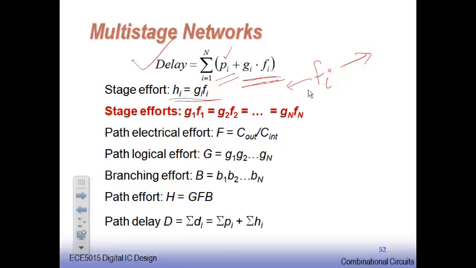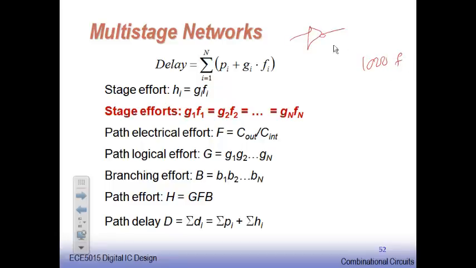Like in the inverter, if I am considering a 1000 femtofarad load, I said you will have the first inverter with a driving capability of 10, the second inverter with another 10, the third inverter with another 10. That way I will be driving easily with 1 femtofarad internal load capacitance. I will be able to drive my 1000 femtofarad in 3 stages.